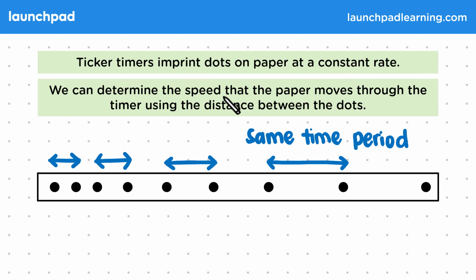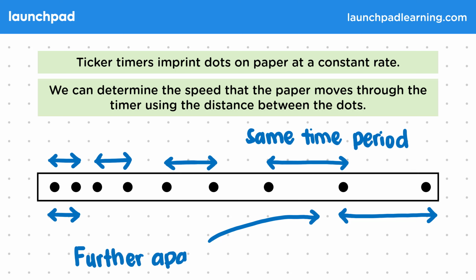We can determine the speed that the paper moves through the timer using the distance between the dots. So as you can see, the distance between the dots is changing. As the dots are further apart, this tells us that the paper is speeding up, as more distance is covered in each interval. We can calculate the speed of each interval by dividing the distance covered by the time period.